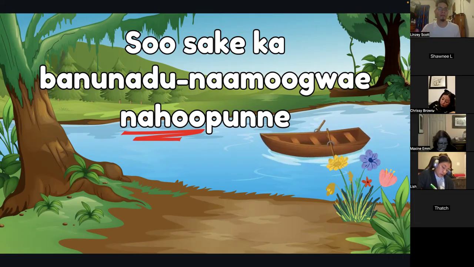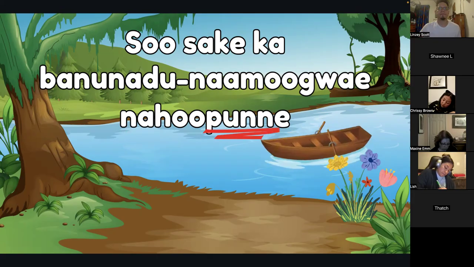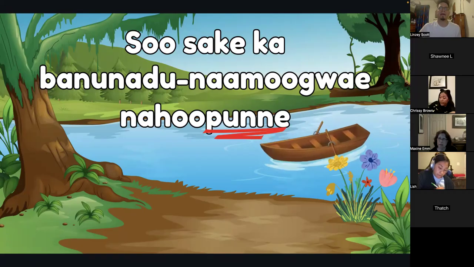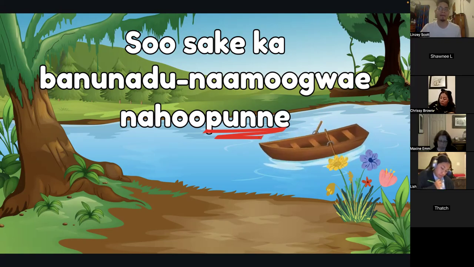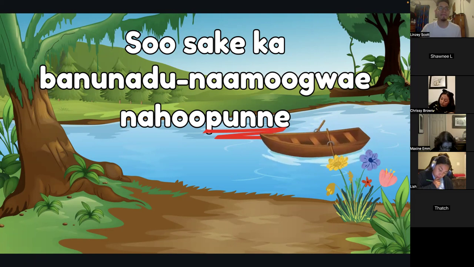And we've learned previously, in a previous class, this final suffix, ni, has a stative sense. In other words, it refers to the state of being. So in this case, it's in a state of floating.